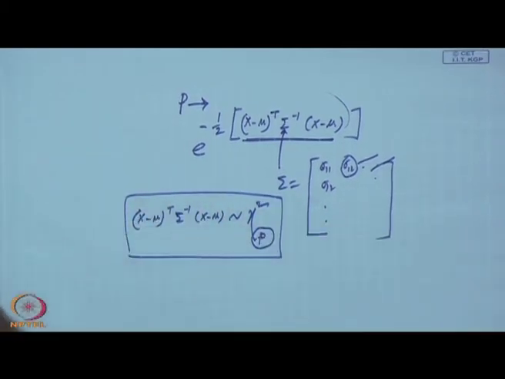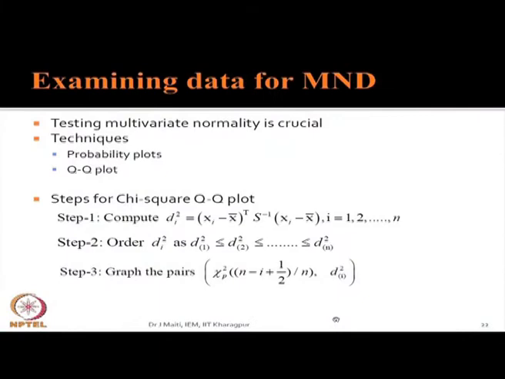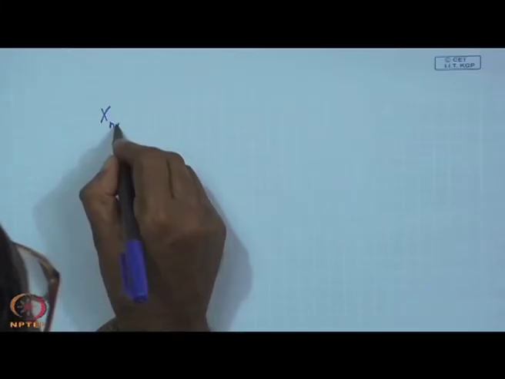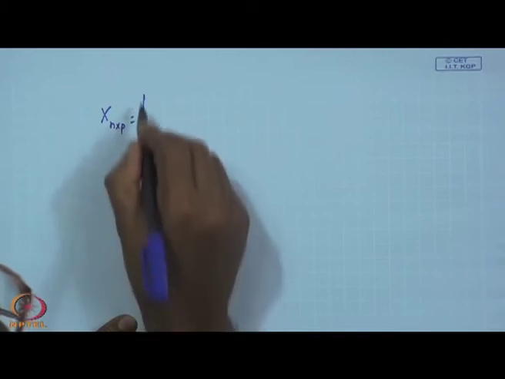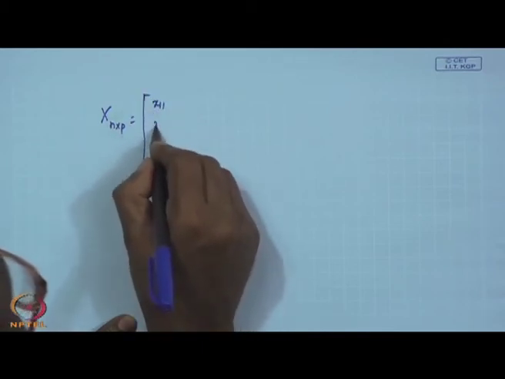Now, we will discuss another important aspect that is very important for all of us. When we collect data, suppose we collected data n cross p and our data points are like this.